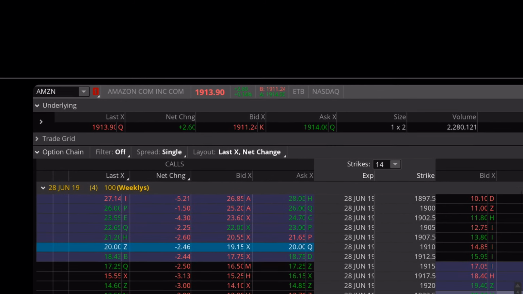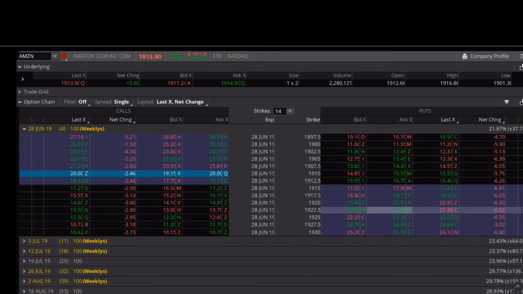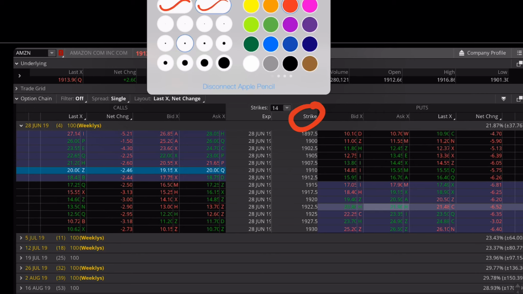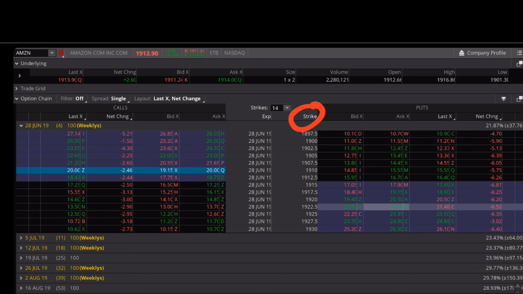On the Thinkorswim platform, your options chain is going to highlight the strike prices that are in the money, and then it'll leave the other ones that are not in the money as non-highlighted. So as you can see here, the call options that are in the money from 1912.5 and lower are highlighted in this bluish purple highlight.